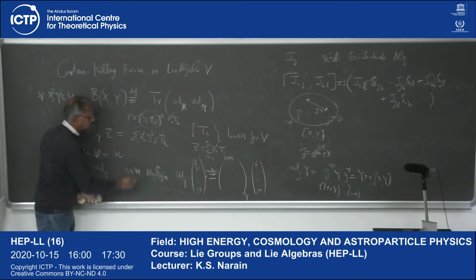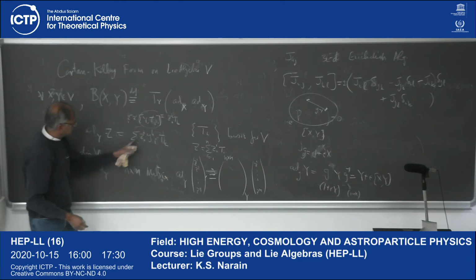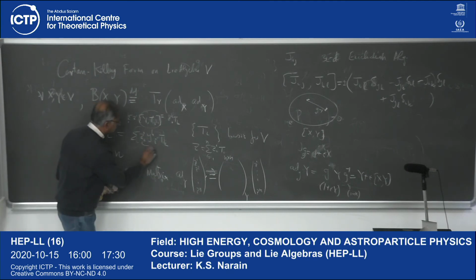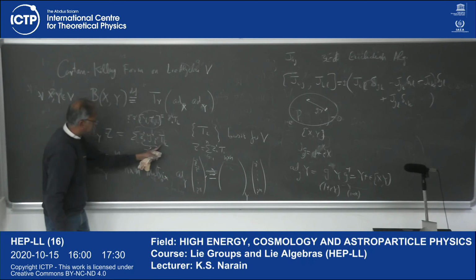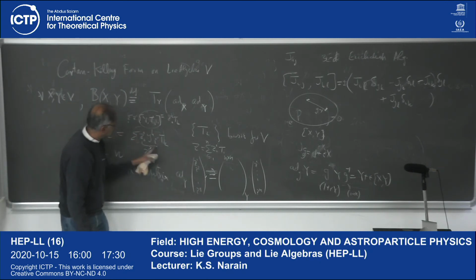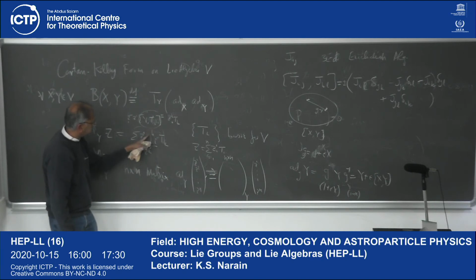So this is what you get. In other words, this is nothing else but zk prime, because I'm expanding everything in the basis. So zk prime is simply given by this matrix y_ki, an n cross n matrix, multiplying the zi.